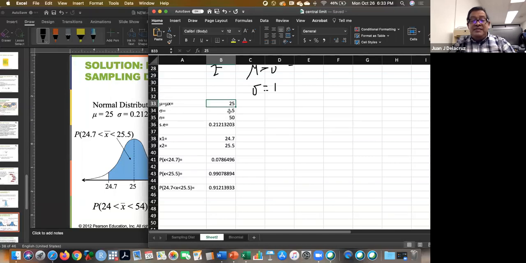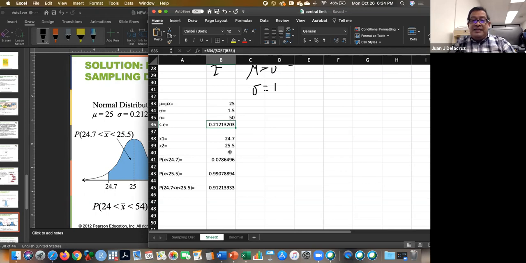We have the standard deviation, we have the sample size, and we obtain the standard error by dividing sigma by the square root of the sample size. So this is my standard error.